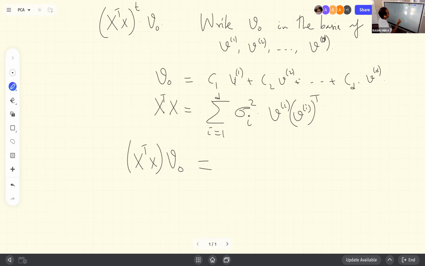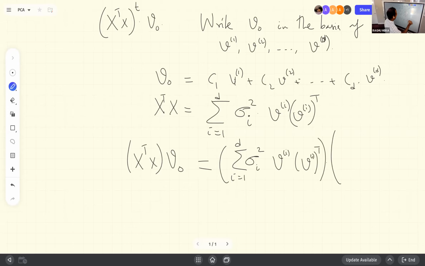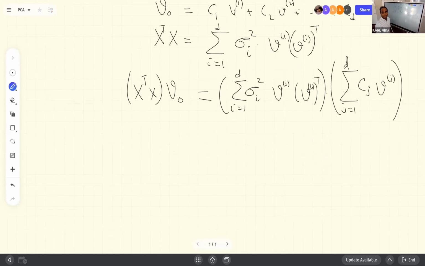Okay, so let's write it down. This is our matrix, and I have some somewhat messy looking expression. So when I expand this out, what would happen?